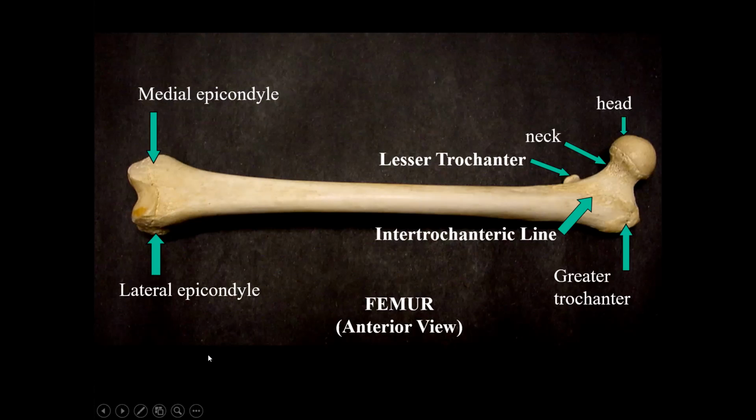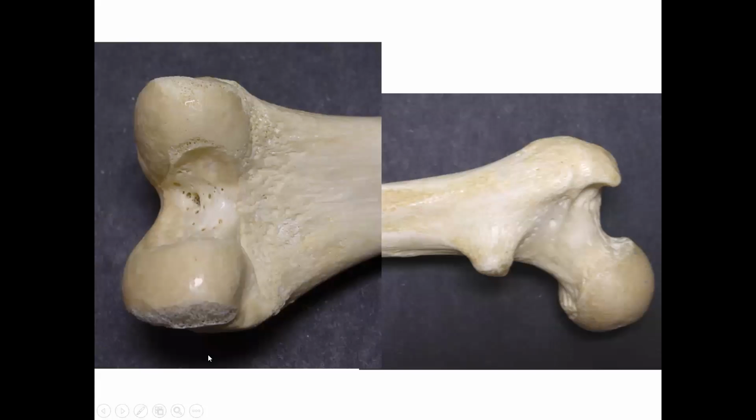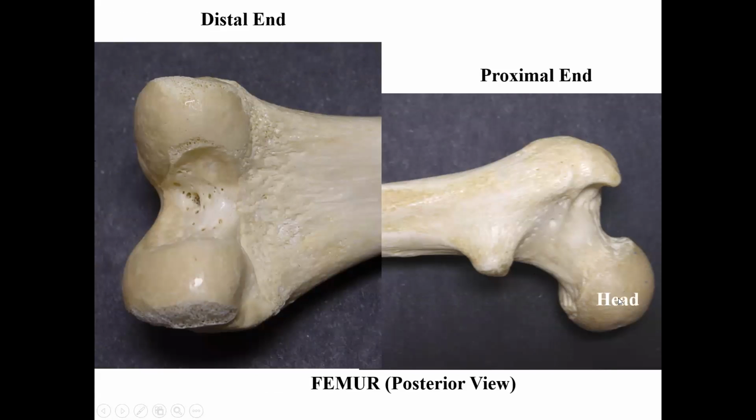Now, looking at the posterior surface of our femur, we still see the neck and we still see the head. There's the head. This is the neck right in here. This is the area that breaks easily in older people. Not everybody has that problem.